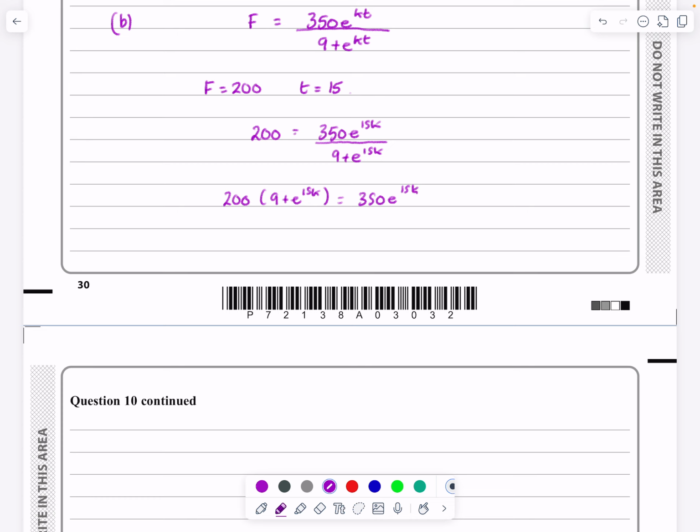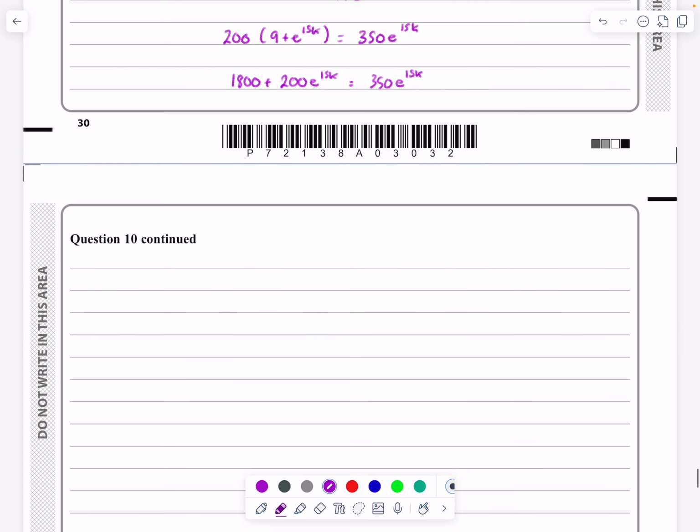So it's just a solution of e to the 15k. Tidying it all up, we're going to get 1,800 plus 200 e to the 15k is equal to 350 e to the 15k.